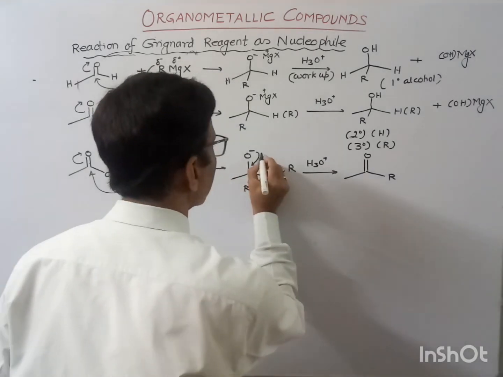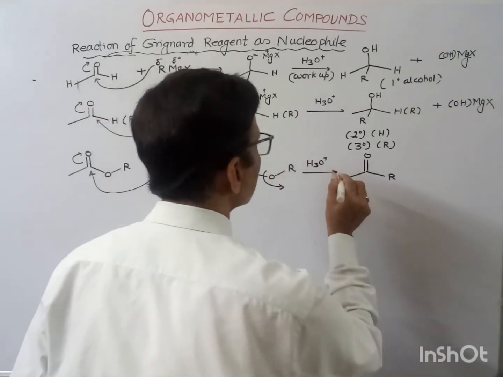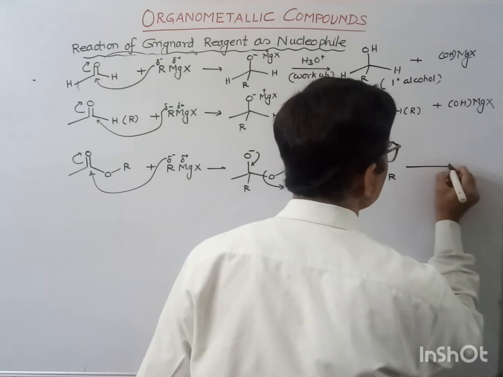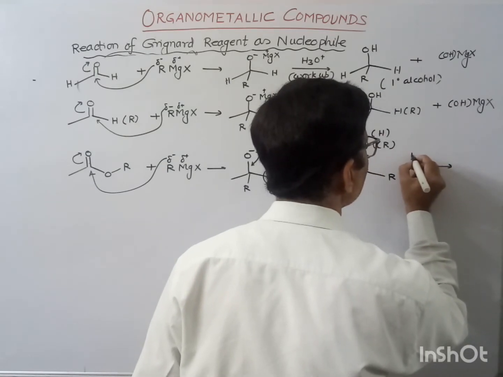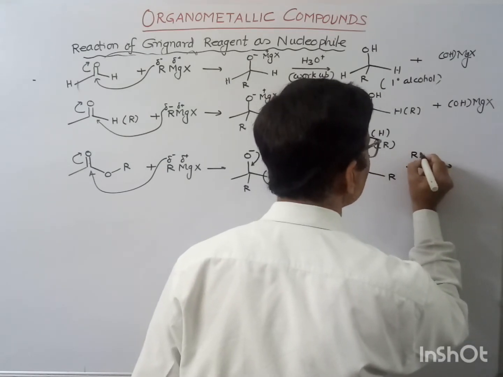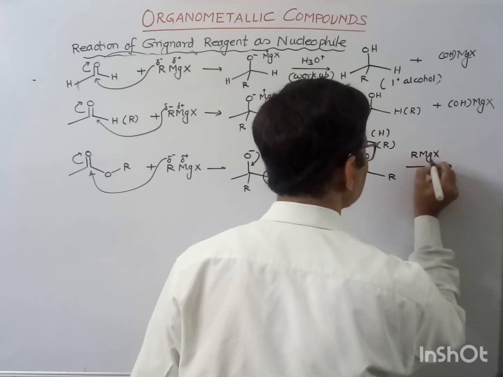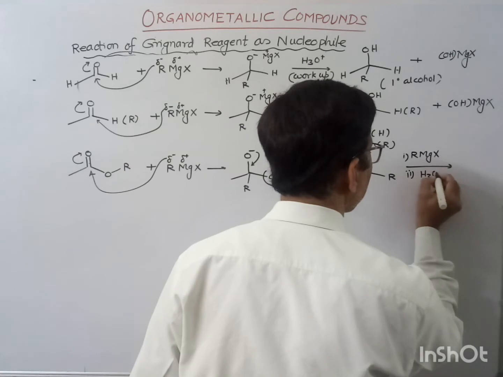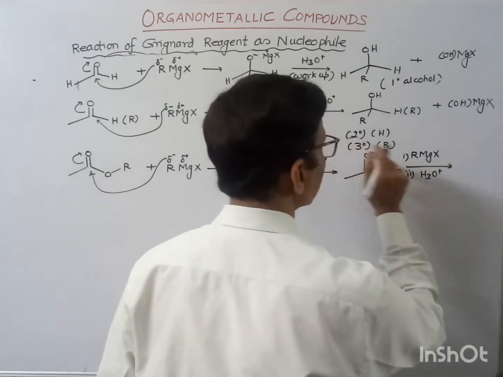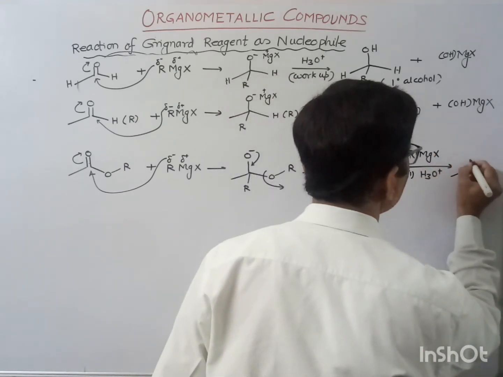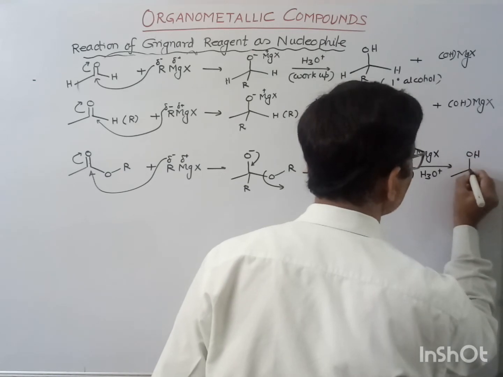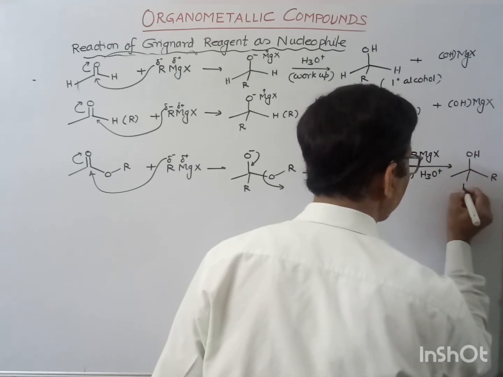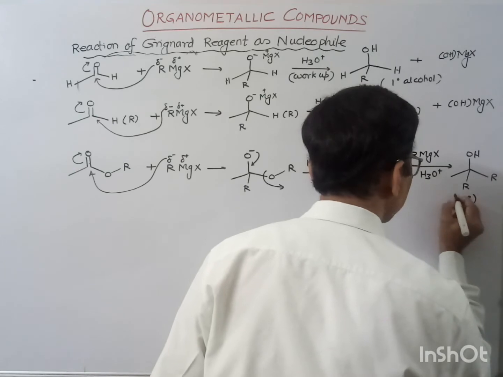Okay, so now, in the presence of the next molecule of this Grignard reagent, and after following this workup, we will have the tertiary alcohol formed.